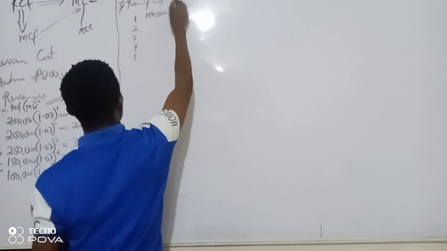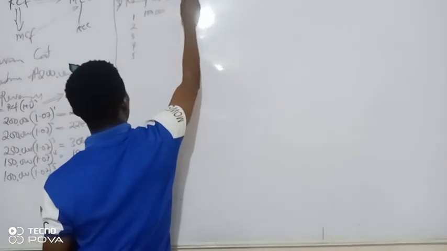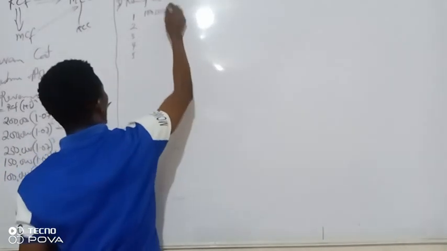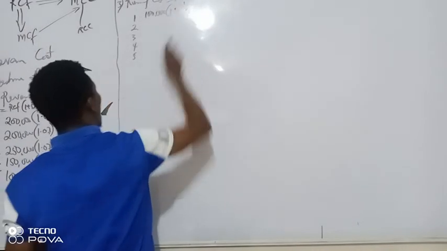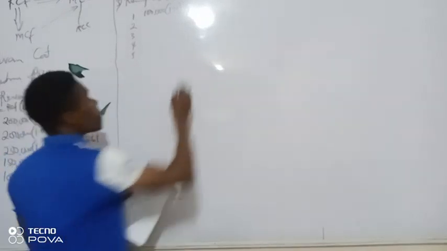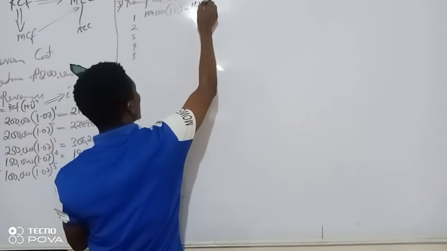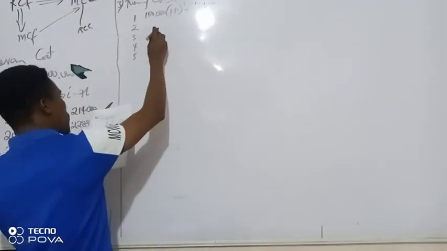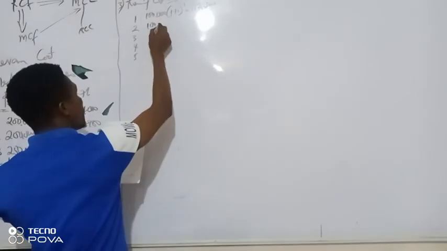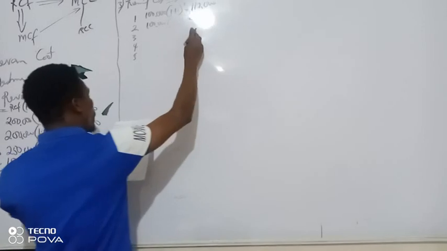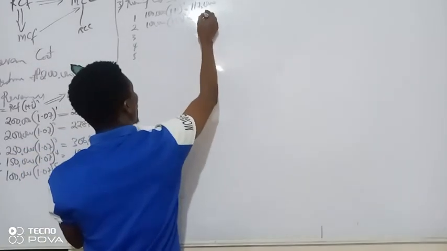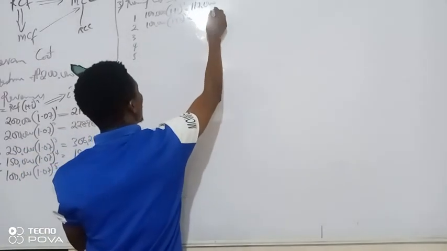What is the inflation rate for running cost? 20%, that will be 1.12 to the power 1. We have 112,000. For year 2, 100,000 again, times 1.12 to the power 2, gives 125,440.